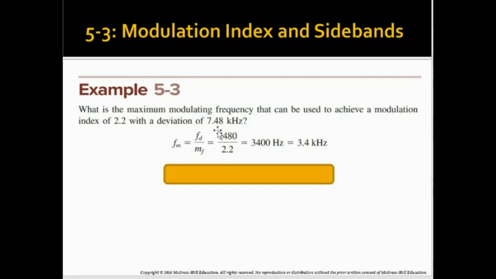So 7,480 hertz divided by 2.2, we have 3,400 hertz or 3.4 kilohertz. This is the maximum frequency of our modulating signal. So if you put a low pass filter, for example, for our modulating signal and adjust this to 3.4 kilohertz, then your modulating signal only have this range, just as example.